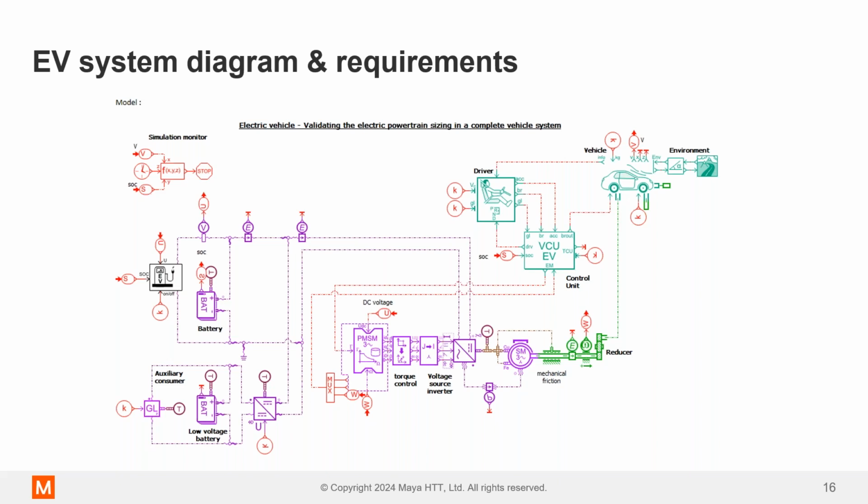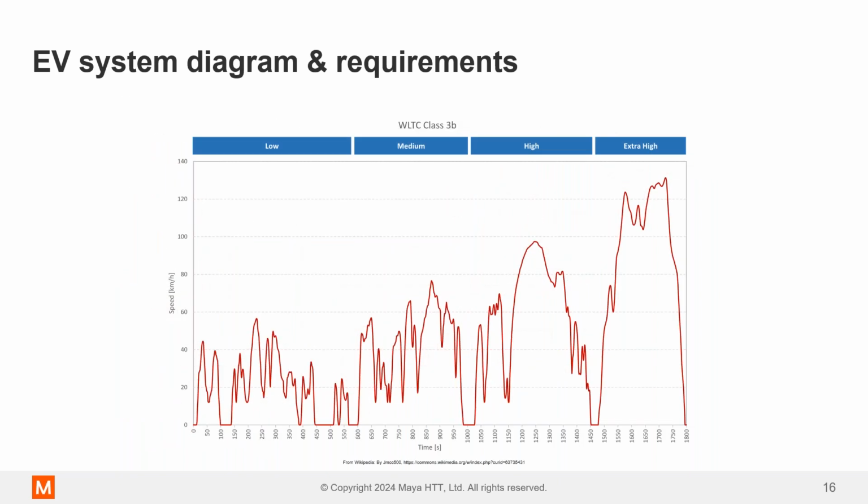And this whole system, this vehicle that we're simulating, had to meet a requirement. In this case, the WLTC Class 3B test, which is an industry standard test that tests a vehicle at multiple performance levels, multiple situations. In this case, low, medium, high, and very high speed requirements.